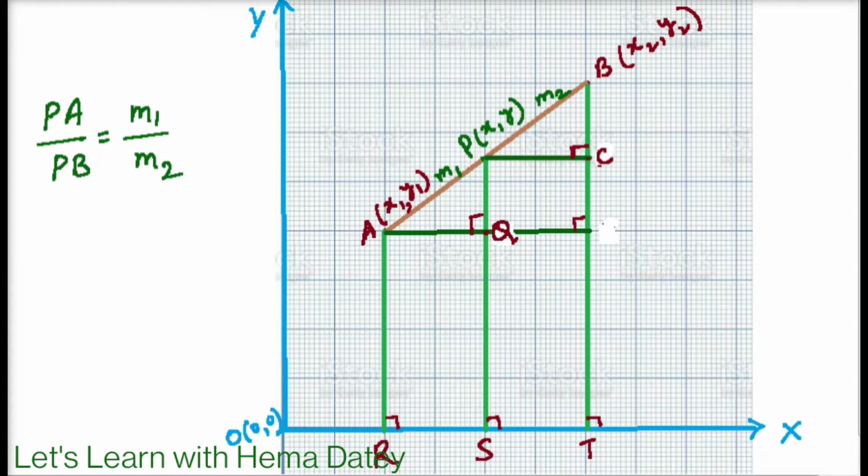AR, PS and BT, they all are perpendicular on x-axis.